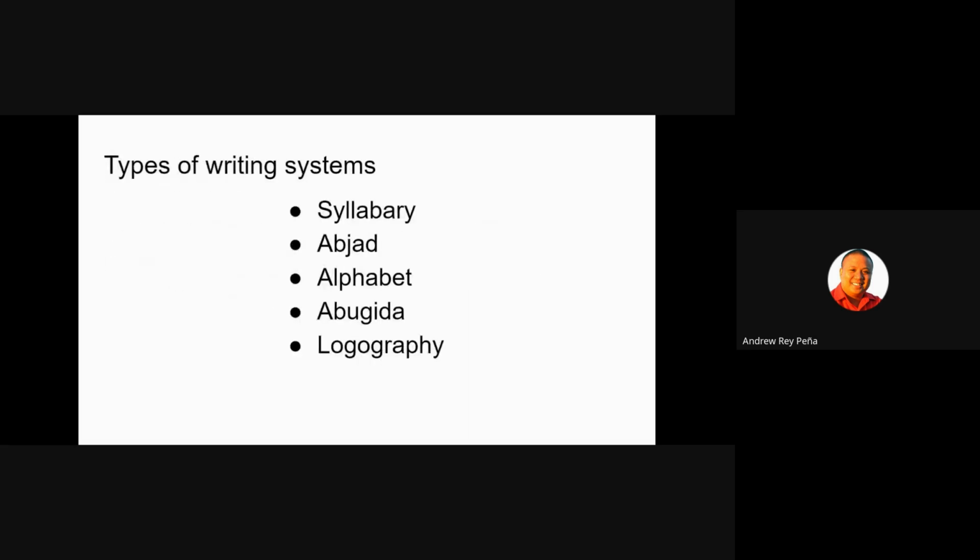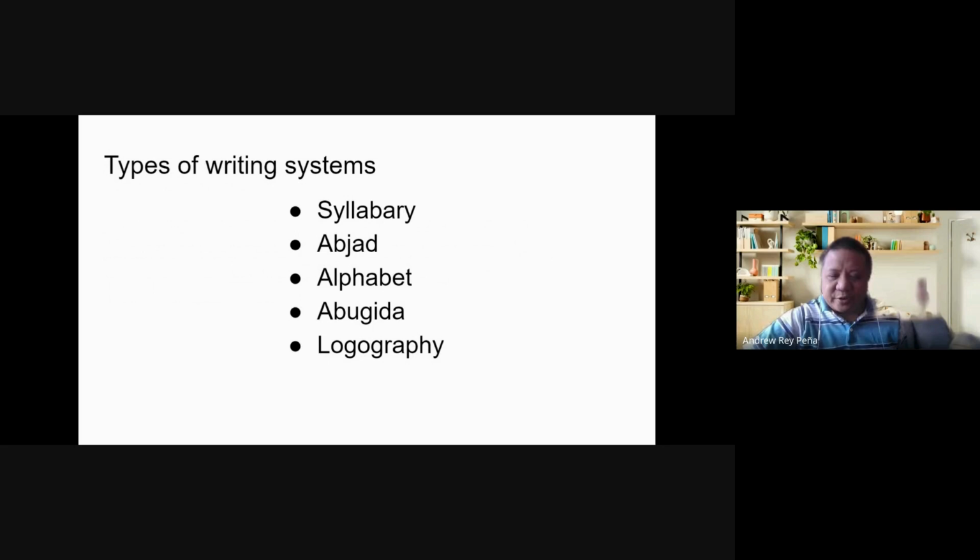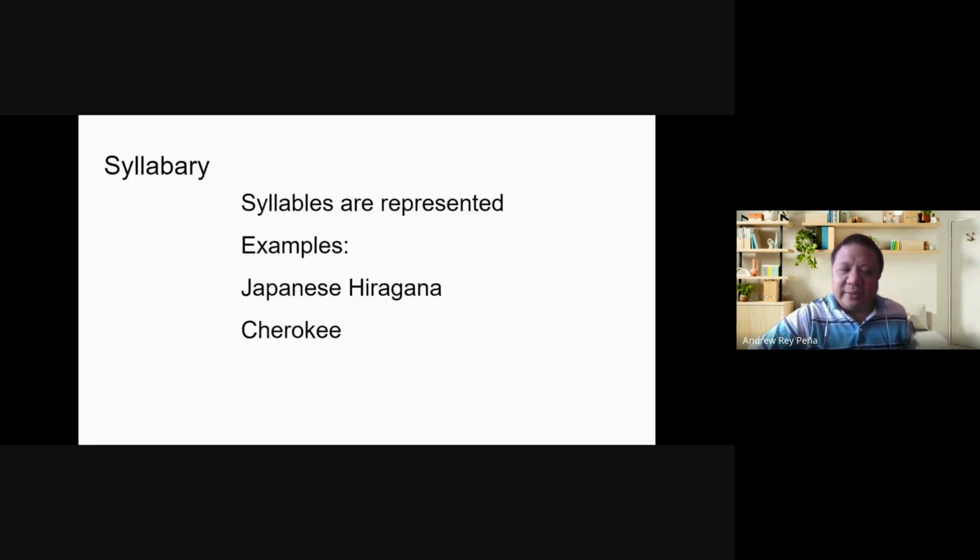We also have different types of writing systems. The first is the syllabary, then the abjad, alphabet, abugida, and logography. First off is the syllabary.